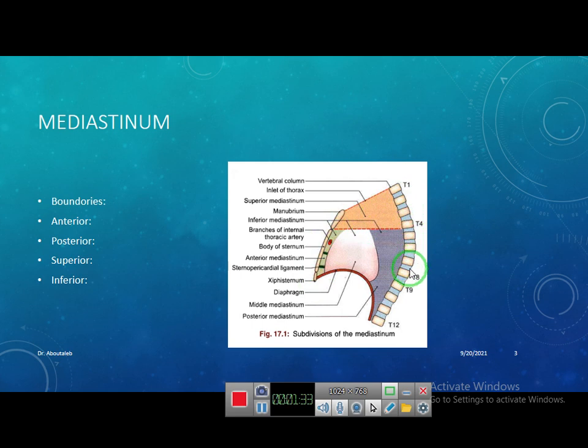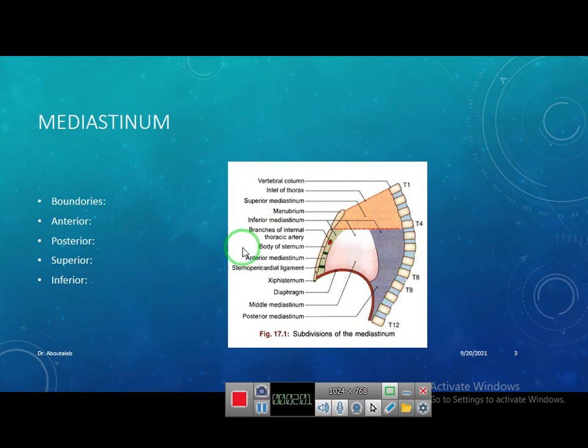Posteriorly it is limited by the vertebral column from T1 to T12, and superiorly by the inlets of thorax or thoracic inlet, and inferiorly by the diaphragm. And on each side, the mediastinum is limited by the mediastinal pleura.